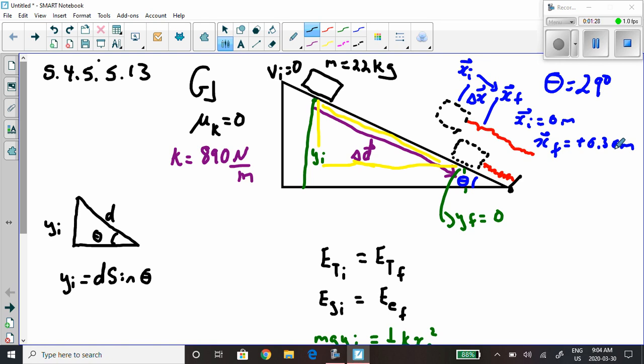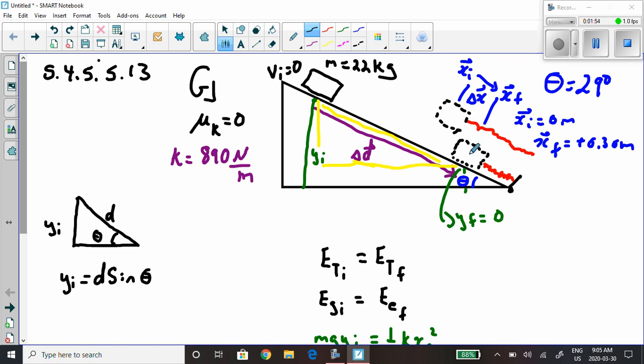Okay, and it says determine the total distance the crate slides along the ramp. Friction is negligible. Oh, that was very nice of them to make friction negligible. So what I've drawn here in purple is the displacement of the crate as it slides down the ramp. At this spot right here, it would engage the spring, and then it continues to slide for a little bit and gets right there.